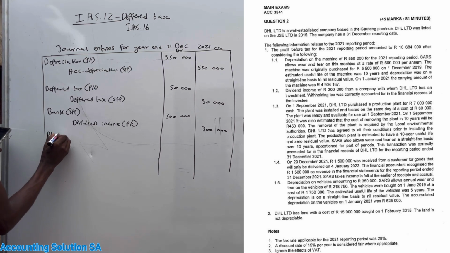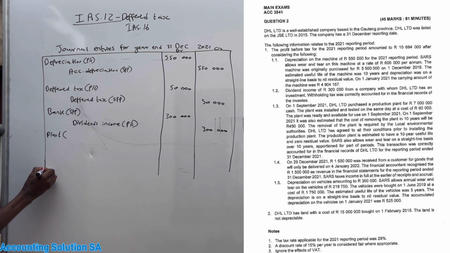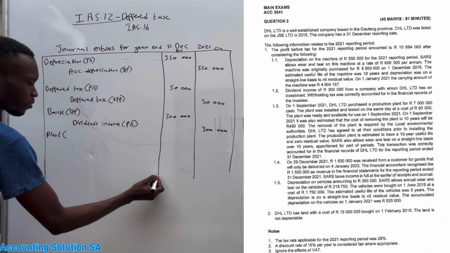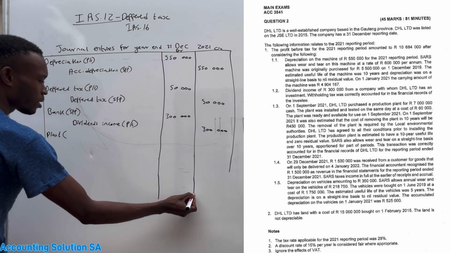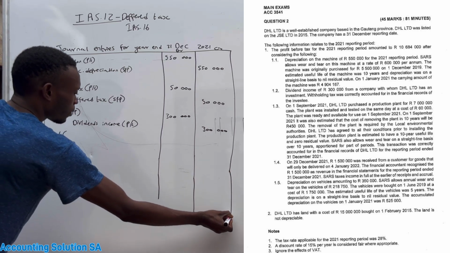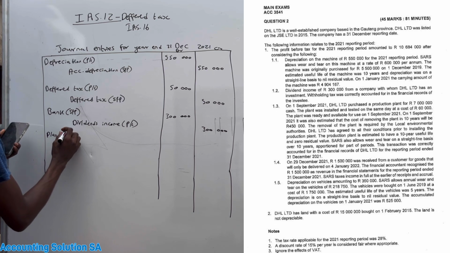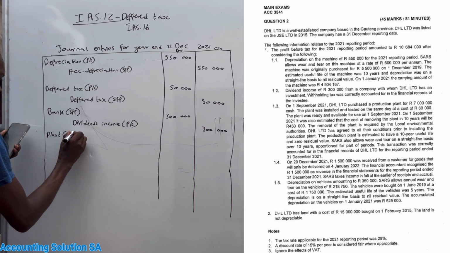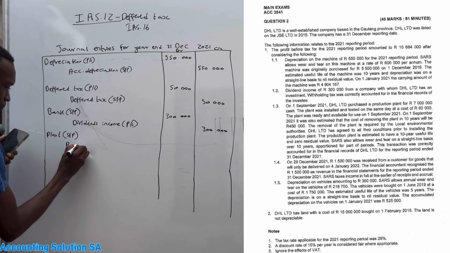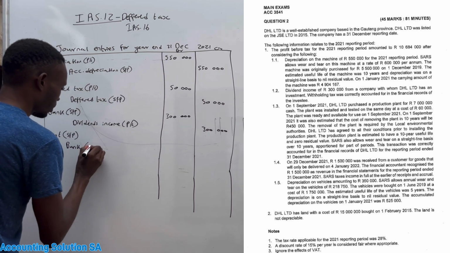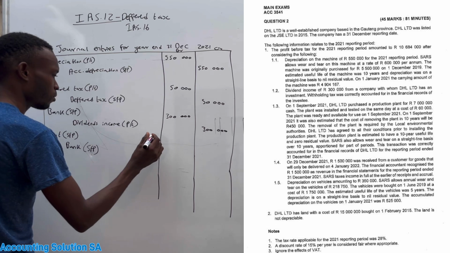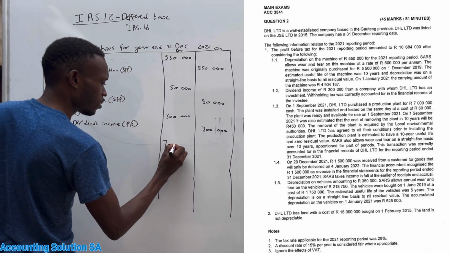You can do it this way or you can combine all of them together, but I prefer to do them separately in case you made a mistake somewhere, so that you can get marks on the other journals. SFP and bank. SFP simply means that we're going to say 7 million.